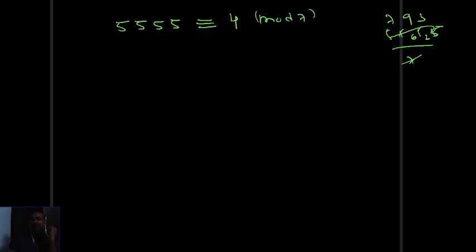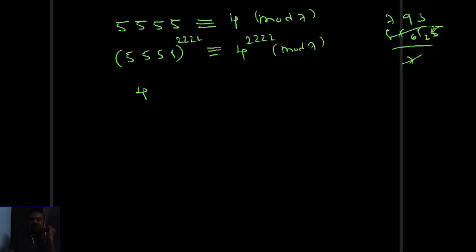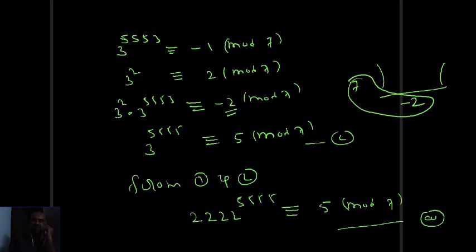So 5 power 2 is congruent to 4 power 2 modulo 7. So it is better to find 4 power 2 congruent to some x modulo 7. Such x I want to find. This is equation number 3.